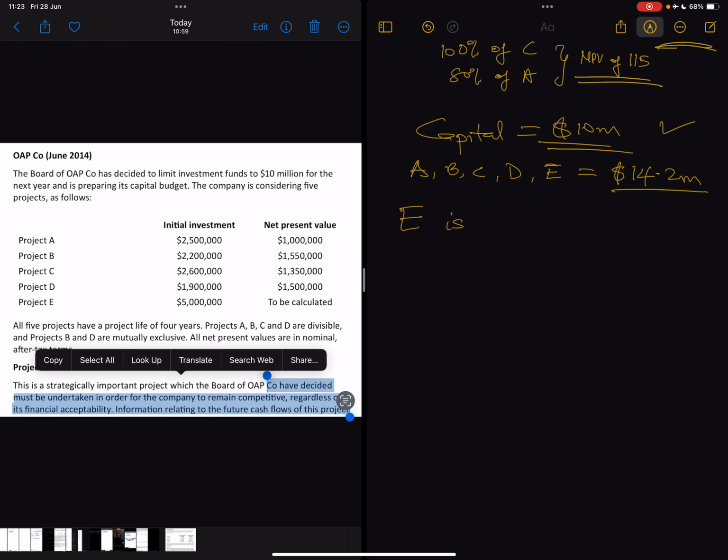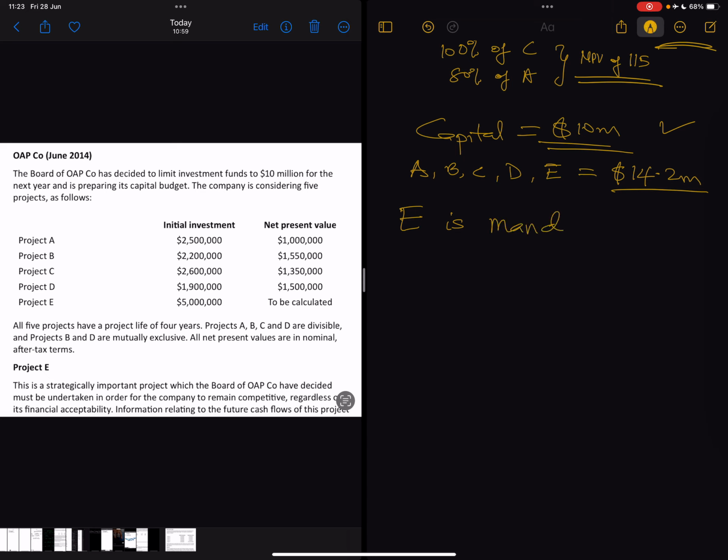So we're not looking at financial acceptability for E. So we must do it, which means in our ranking, regardless of its profitability index, it must be done. So E is mandatory. We must do project E.